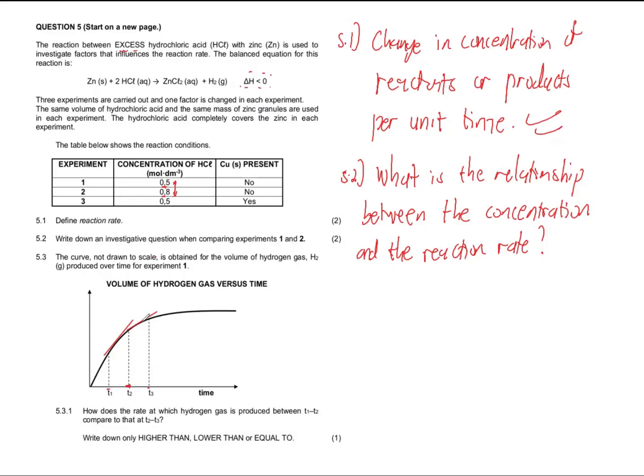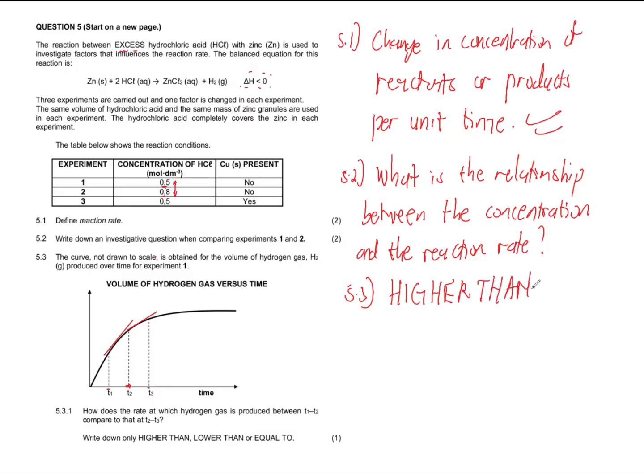At this point, the reaction is coming to completion, meaning the reaction rate starts to be slower. So for 5.3, we say it is higher than.